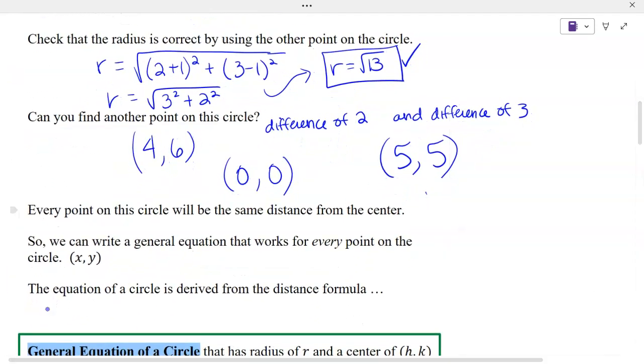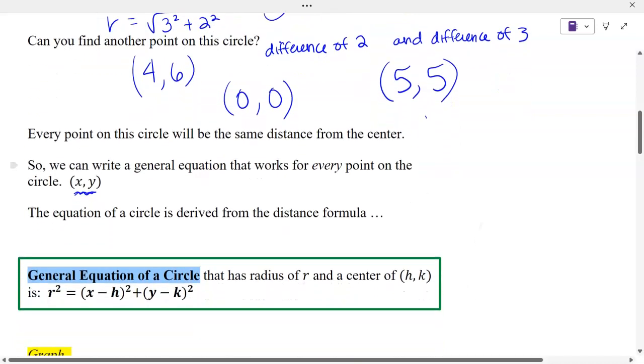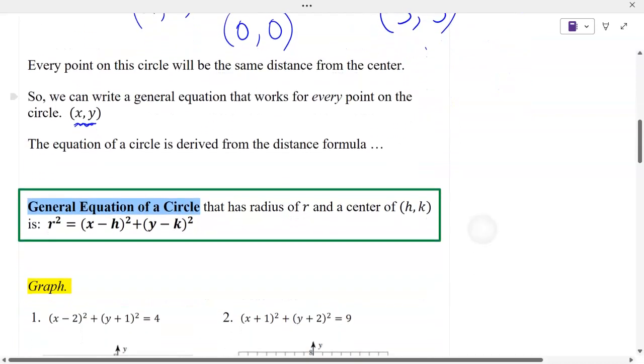Again, every point on this circle is going to be the same distance from the center. So if we took each of these 3 points and used the distance formula with the center, we should all get that the radius is that square root of 13. So because of that, we can write a general equation that works for every point on the circle. And we can denote every one of those points as just a generic x comma y. And so this gives us our distance formula, our general equation for a circle.